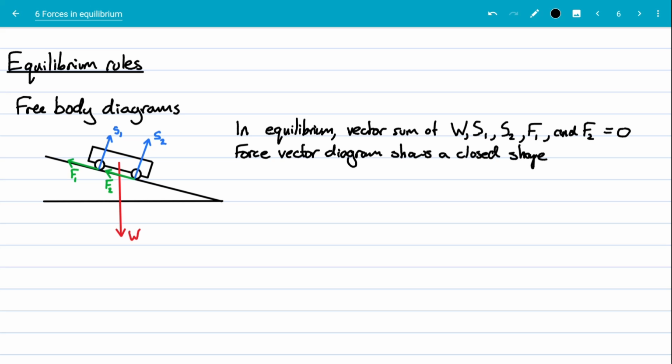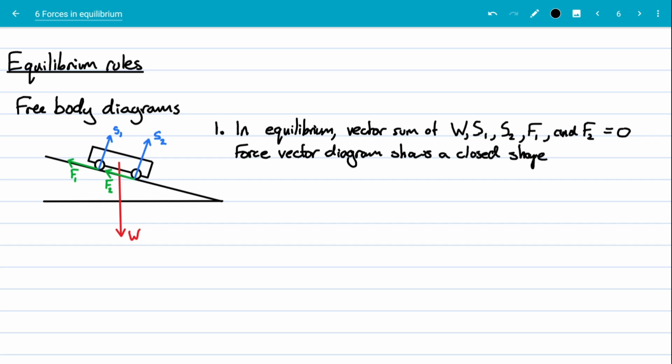If we've only got 3 forces, then it will be a triangle if we're in equilibrium. It's going to be a quadrilateral if we've got 4 forces, and so on. And if you need to calculate what one of the forces is, you draw the diagram, and the missing one is the one you're looking for. So that's the first thing. Equilibrium, vector sum of forces is equal to 0, closed shape.